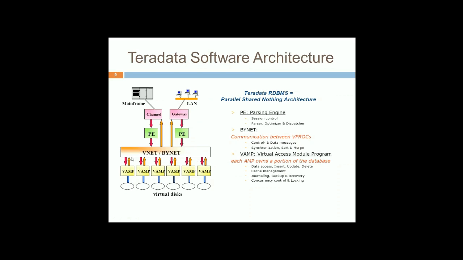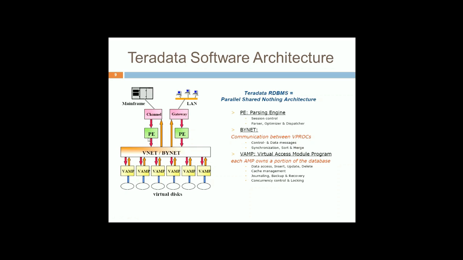BiNet is a bidirectional channel: once you write a query on the PE, it will form an execution plan and send that plan via BiNet to these nodes. Each of those nodes will get the request and process it. Once the data is processed, they send it back via BiNet to the console, where you will be able to see the data on your screen.